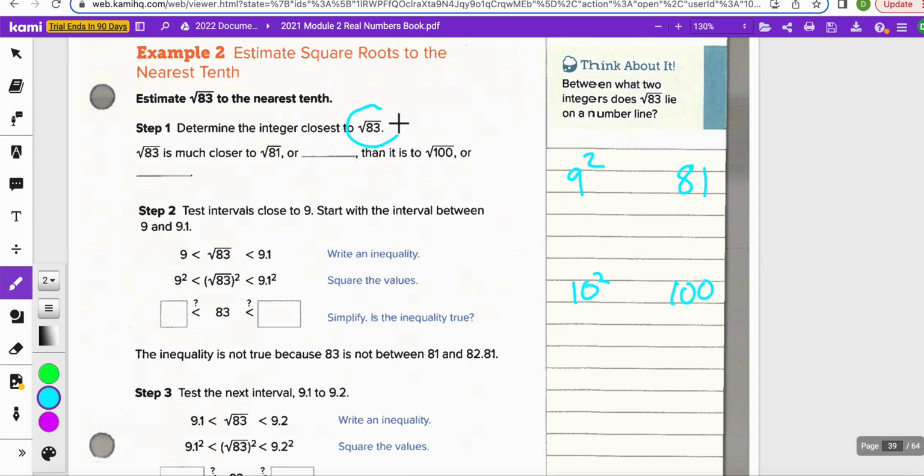Well, 83 is closer to 9 squared. So what's in between 9 and 10? Well, I have 9.1, 9.2, 9.3, all the way up to 10. So I know it's going to be closer to 9 than it is to 10. So I'm going to choose an estimate like 9.2 or 9.1. So you're just kind of guessing here based on how close it is to the whole number.